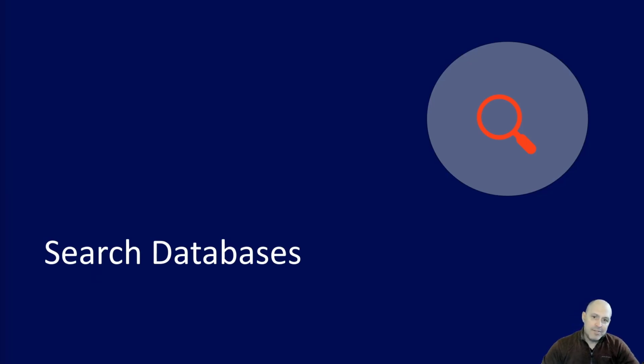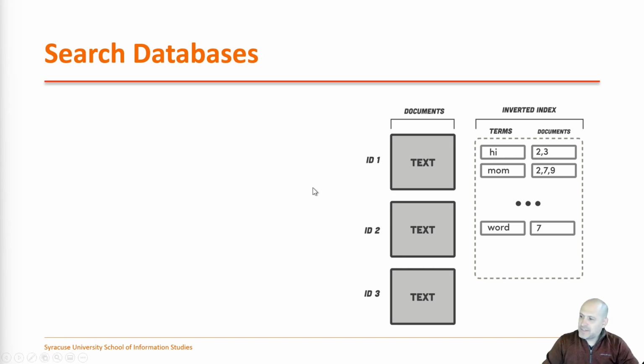So let's talk about search databases. Search databases are a little different than anything we've seen before, but what's interesting is that just about every database has the ability to do this thing called an inverted index. The easiest way to think about an inverted index is it's an index over every single thing in your database.